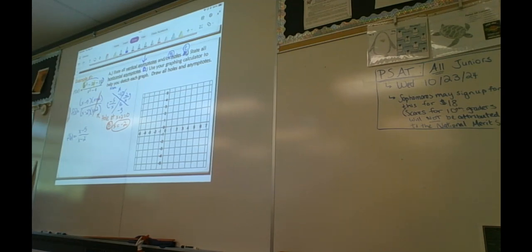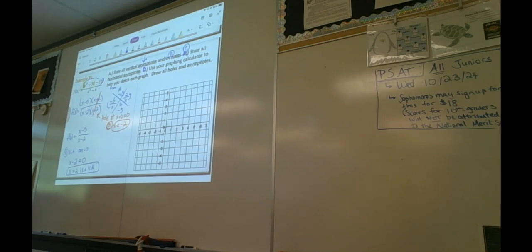So for part A, for a vertical asymptote, the denominator equals 0. So we say x minus 2, that's your remaining factor. You would say equals 0, so x equals 2 is a vertical asymptote. I'm using VA as my abbreviation. Cool. Do we have a question? Okay.